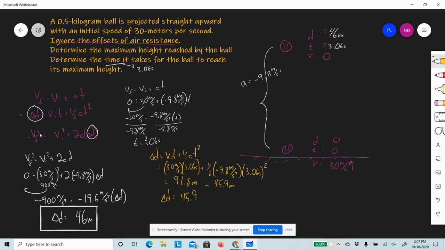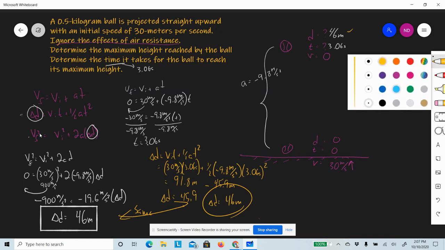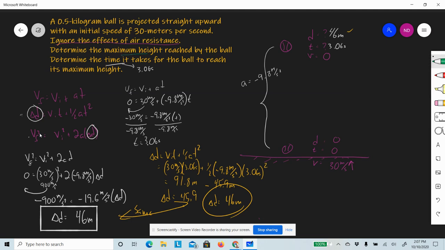I'm going to round again. Delta D equals 46 meters. Same. Doesn't matter which way you go about it. Double check it. The maximum height reached by the ball is 46 meters, maybe 45.9. But there you go.